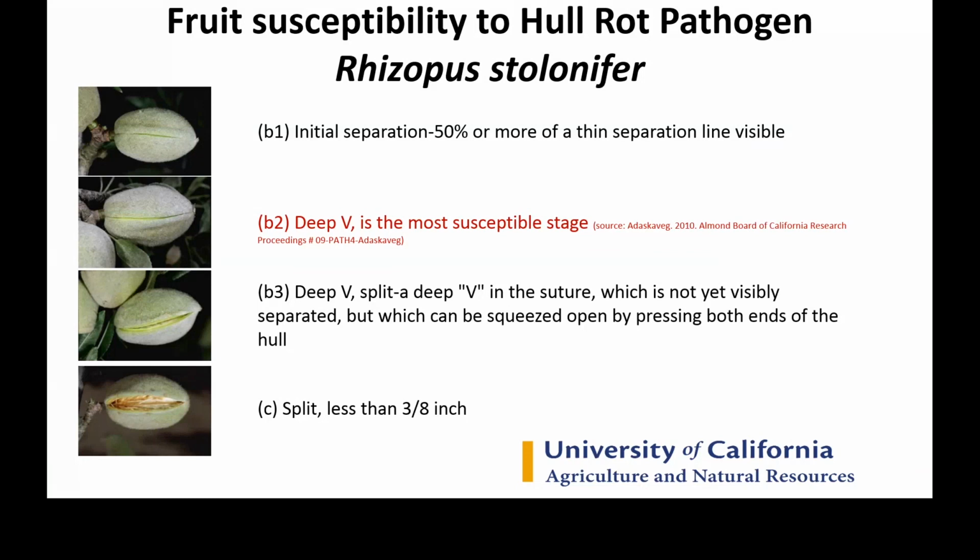Why it's important to know the most susceptible stage is because that is the stage that the grower would like to protect from the infection, for example, using chemical control. So applying the chemical control at that point will prevent the start of the infection, because this is the most susceptible stage.